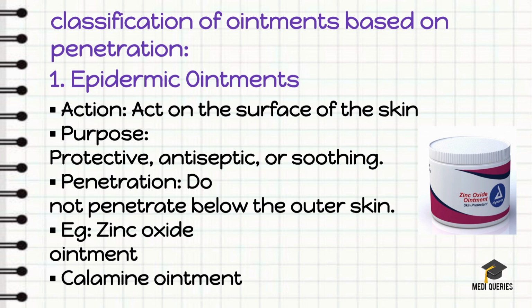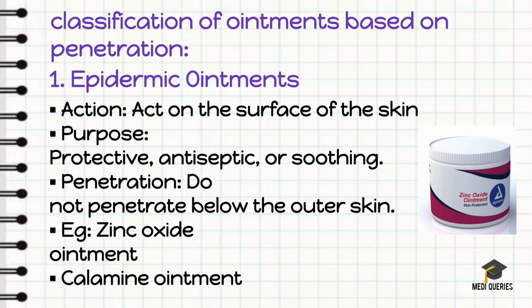The purpose of this ointment is protective, antiseptic or soothing. It does not penetrate below the outer skin. Example of this type is zinc oxide ointment, used in diaper rashes, and the second is calamine ointment, used for soothing the skin.